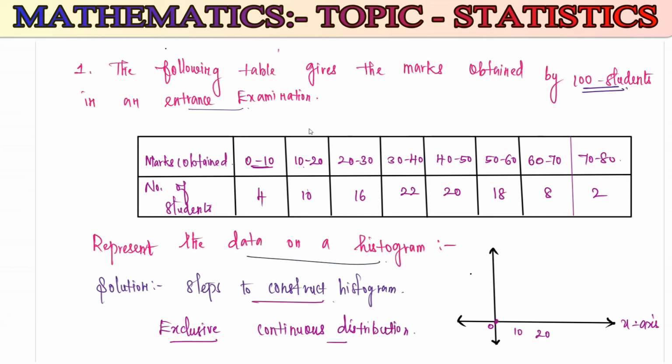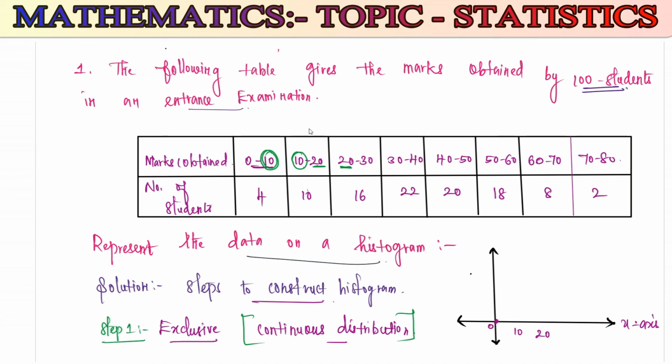In a continuous distribution, the upper limit of the first class interval is equal to the lower limit of the next class interval. Again, the upper limit of the second class interval, 20, is equal to the lower limit of the next class interval. So this is in exclusive form. We can say it is a continuous distribution. This is step number 1.